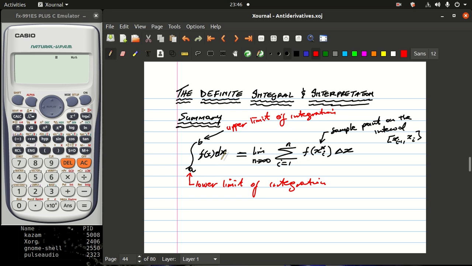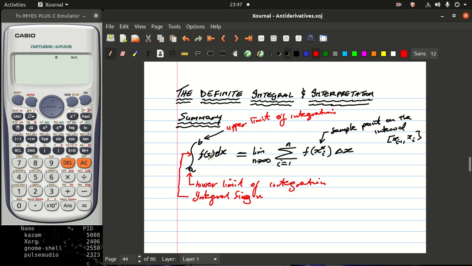And then we said that this elongated S is what we call the integral sign. That's what we said last time.